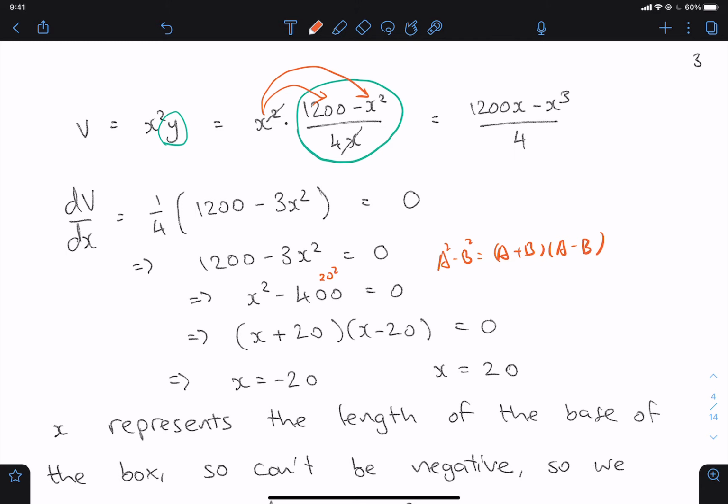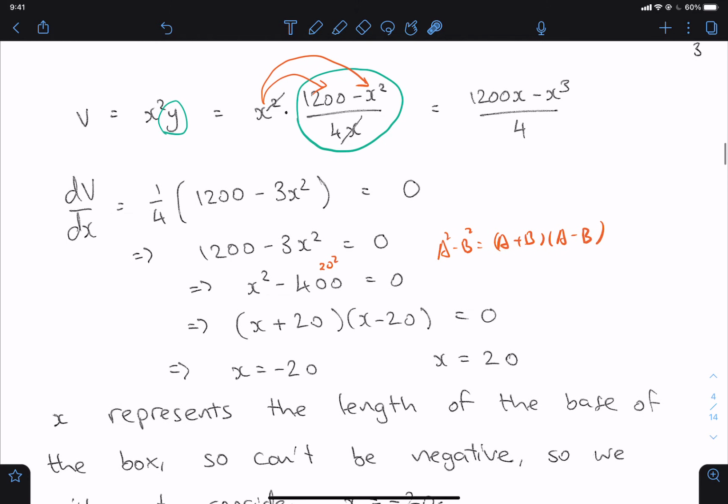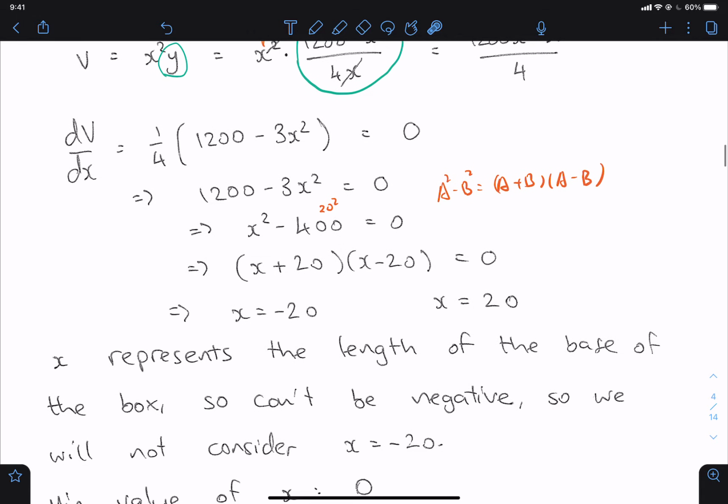So now we have the factorization x plus 20, x minus 20 equals 0. The product equals 0 is equivalent to either of the factors equal to 0. So we have x equal to negative 20 or positive 20.